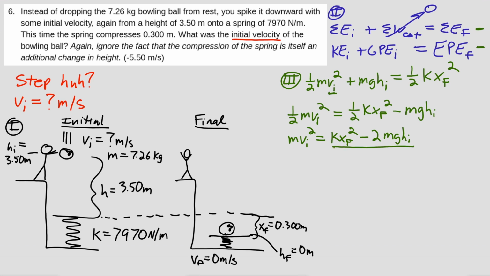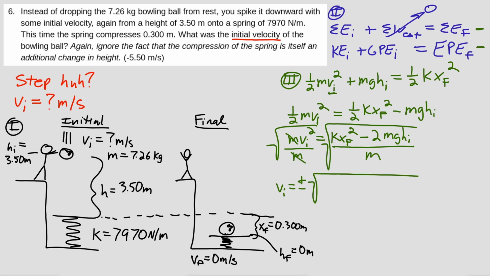Common mistake is to leave off that 2 right there. Next thing, and I'm running out of space, so let me do it like this. I'm going to divide both sides by m. So that kills off the m on the left side. Make sure you're doing your PEMDAS correctly. You're dividing the whole thing on the right side by m. And then I'm going to take the square root of both sides.